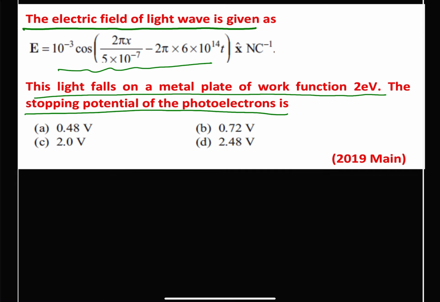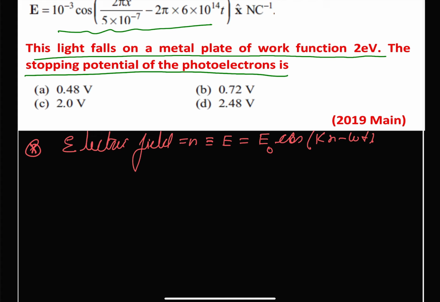So one-to-one comparison gives us that our omega, that is our angular frequency, is equal to 2 pi times 6 into 10 to the power 14. From here we can find out our frequency, nu, which is omega upon 2 pi, and 2 pi cancels out, so this comes as 6 into 10 to the power 14 hertz. So we were able to find out our frequency.